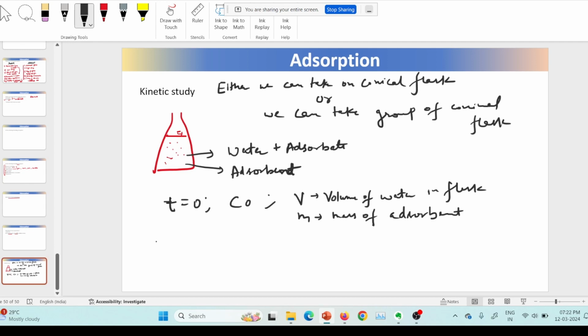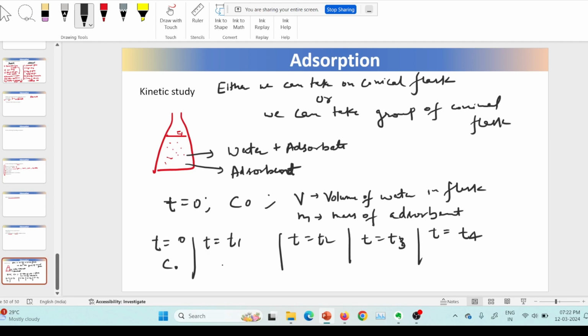At t equals 0, the concentration will be C naught. At different time intervals, t equals t1, t2, t3, we will check the concentration C1, C2, C3, C4.